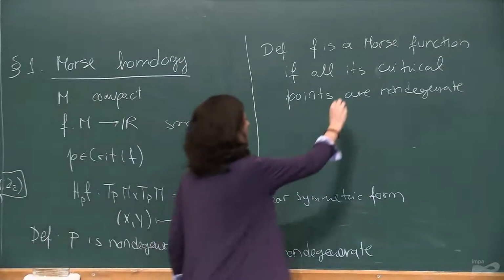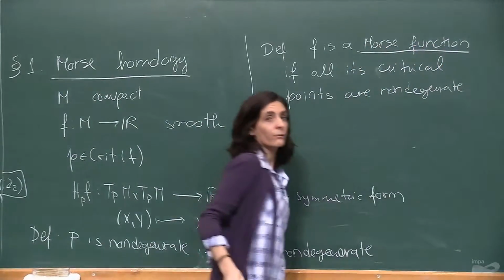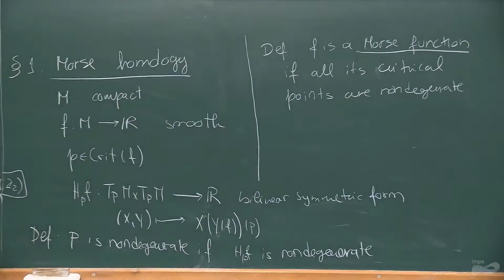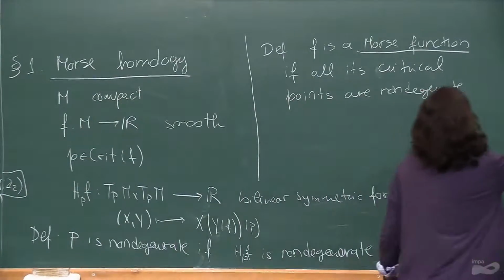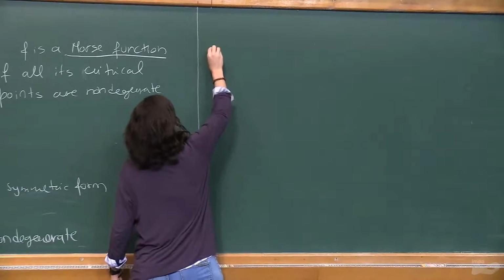So, Morse function. And what happens is that these Morse functions, close to critical points, have this very normal form, if you want, canonical. This is given by the Morse lemma.